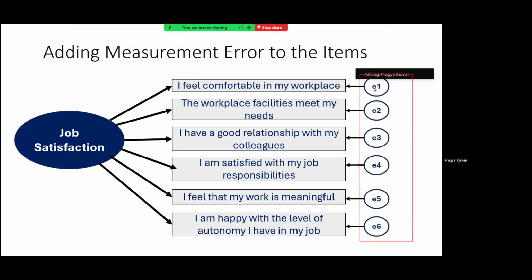That's why we call it E1 for the first item, E2 for the second item, and so on till E6. But this is common for all these items. So have you understood up till this point? Then I'll go ahead. Otherwise, I'll repeat this once again.